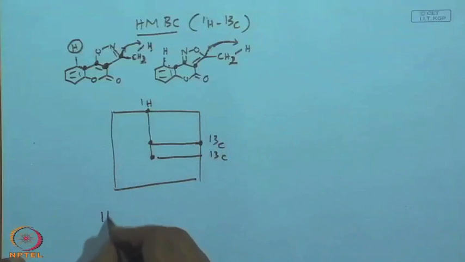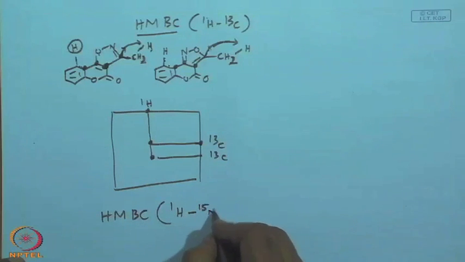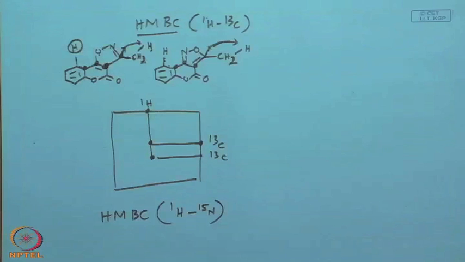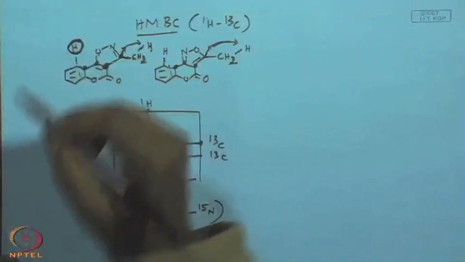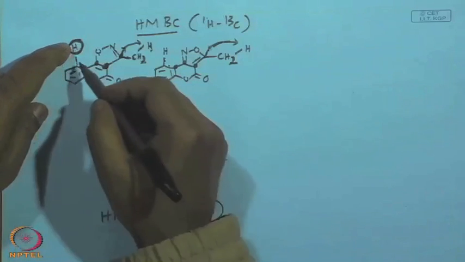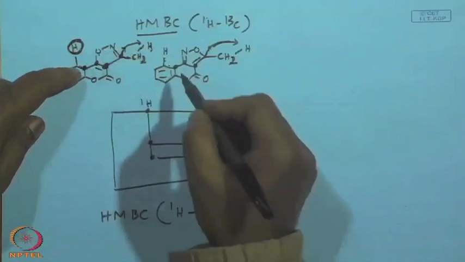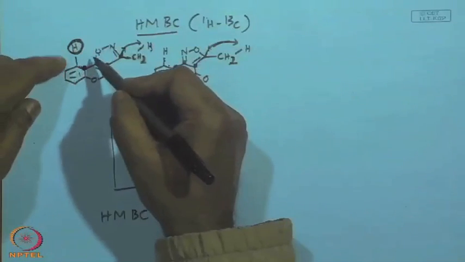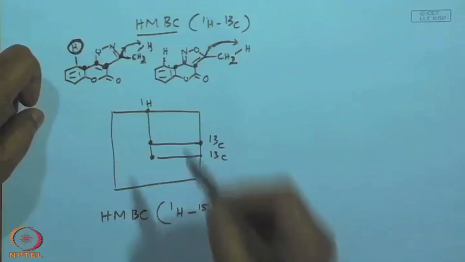We will do HMBC again, but in this case we will do HMBC with nitrogen 15. How is that? Let us say again, the leftmost hydrogen is this one and the bond is 1, 2, that means it can couple to this, in this case also this, and then 1, 2, 3 it can couple with this, in this case also.